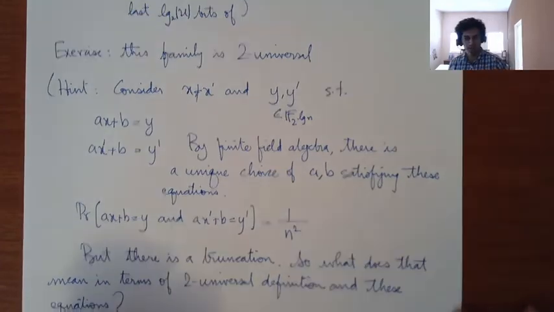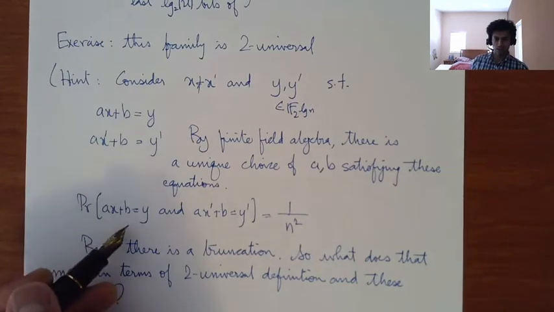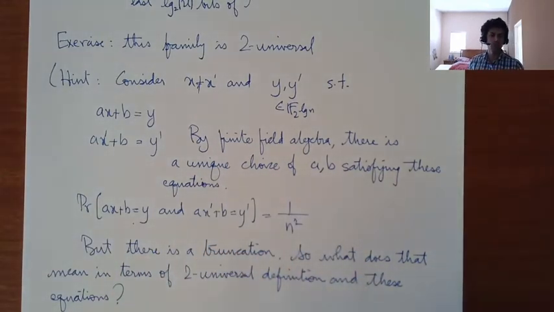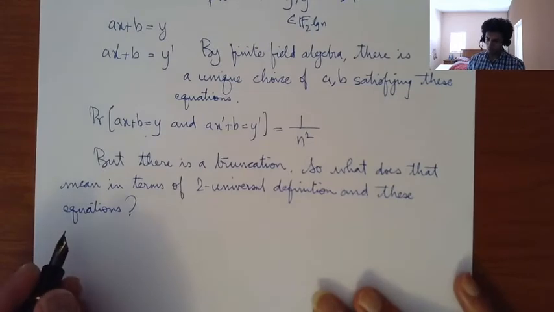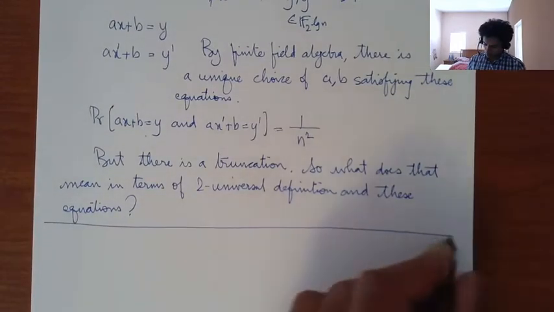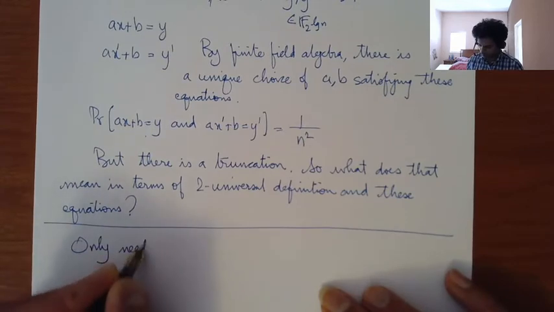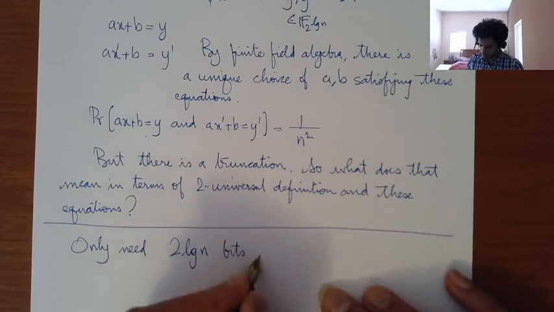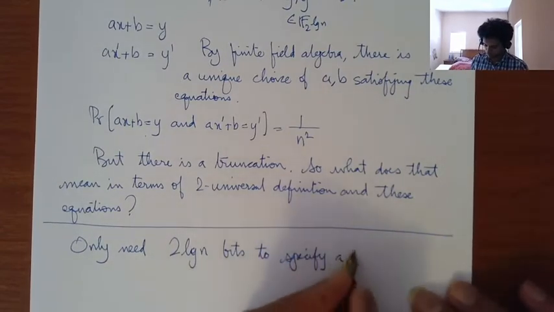And so this you'll have to figure out, but once you figure this out, you'll see that essentially the core is this fact over here, that there's a unique choice of a and b that satisfy these equations. So I'm going to leave this as an exercise, but the important point here is it only needs 2 log n bits to specify a hash function.